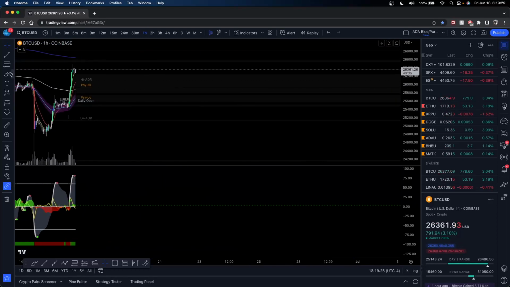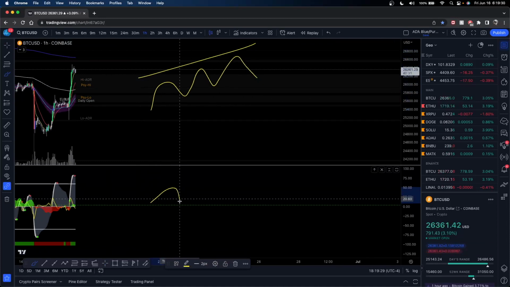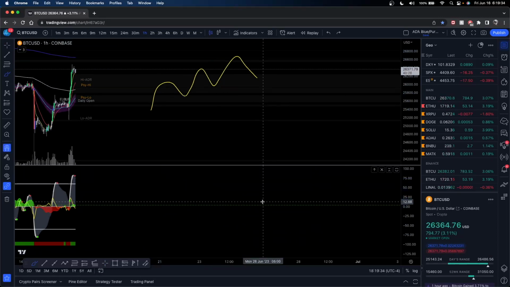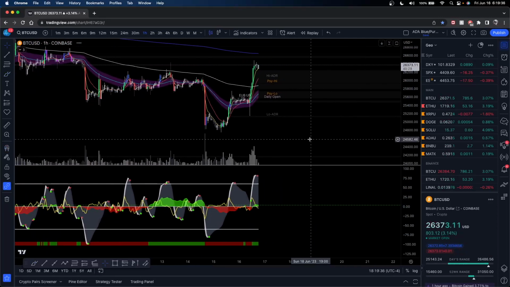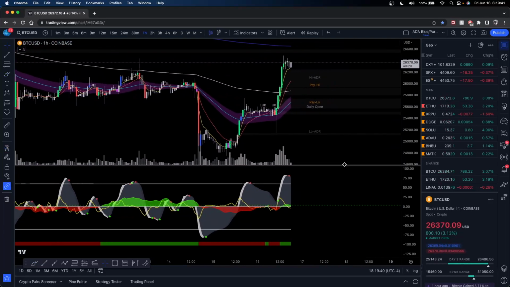All right? For regular divergences, we can see something like this. It's not uncommon to see this. You're not going to see that with hidden divs. It's not going to happen. So with hidden divergences, you're looking at higher term time frames and you're looking for one.